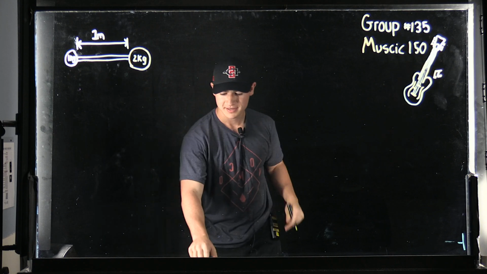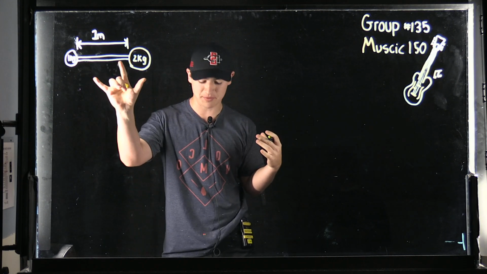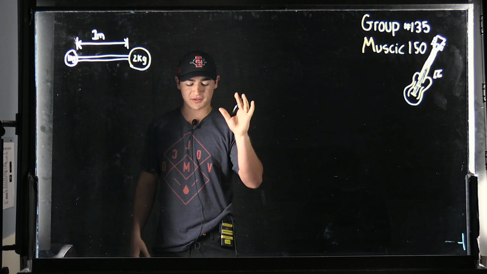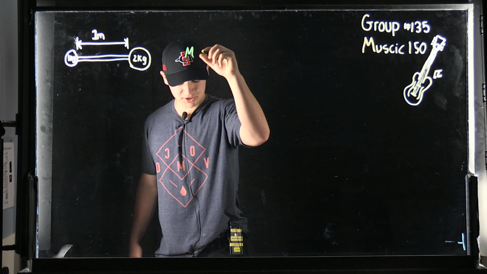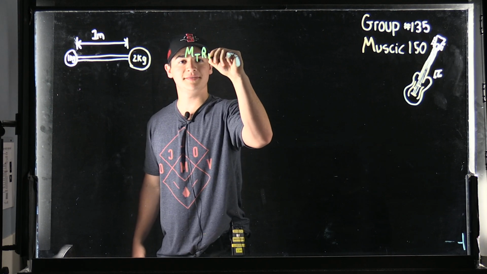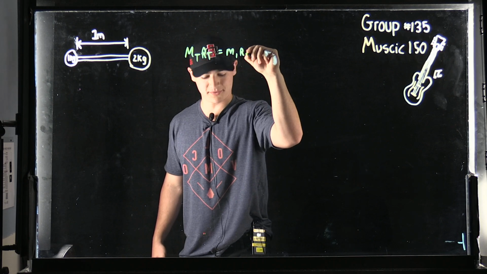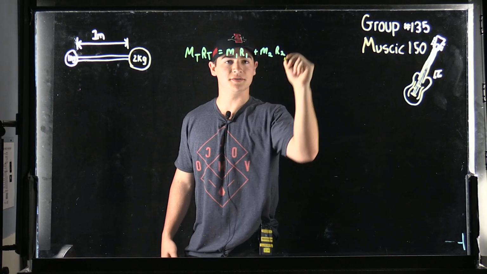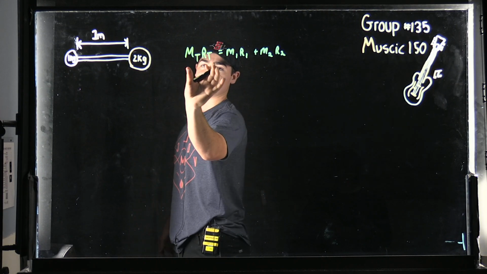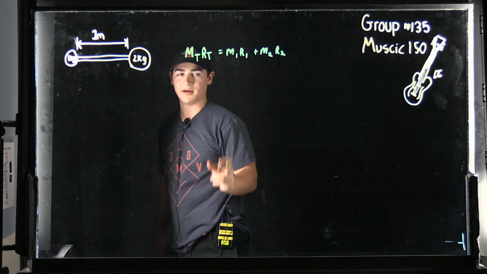All right. So the question is very clear, and I have a drawing up here for it. What we're going to start this off with is the center of mass. The center of mass equation is mTRT equals m1r1 plus m2r2. This equation uses the total mass and total radius distance, and then you add the two up.